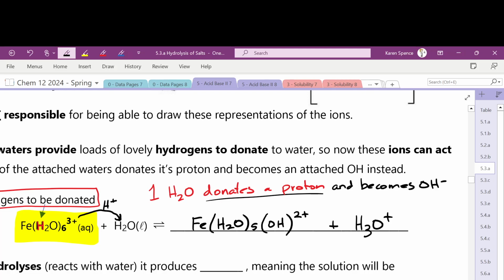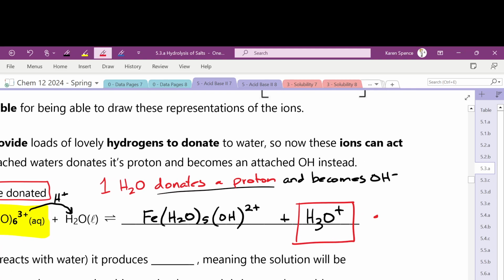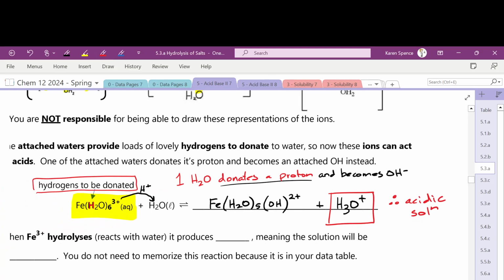So hydrolysis is always going to produce either hydronium or hydroxide. In this case, it is producing hydronium. And if you see this, you can say, look, this produced hydronium. Therefore, this is an acidic solution.